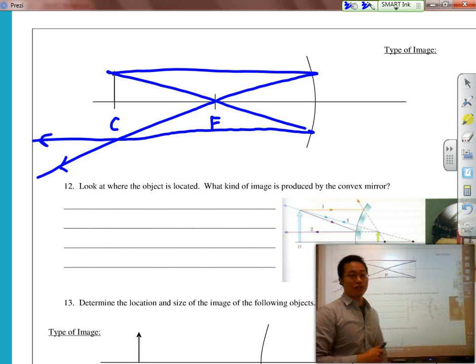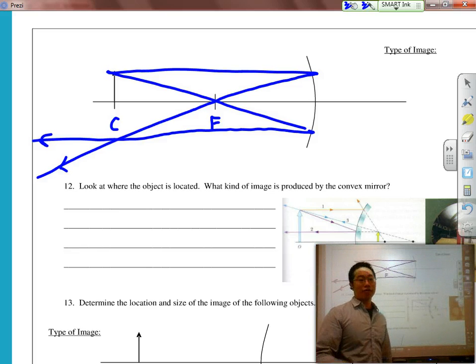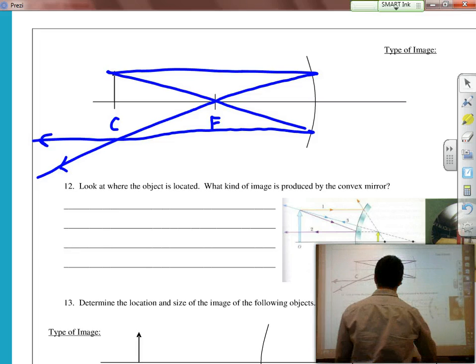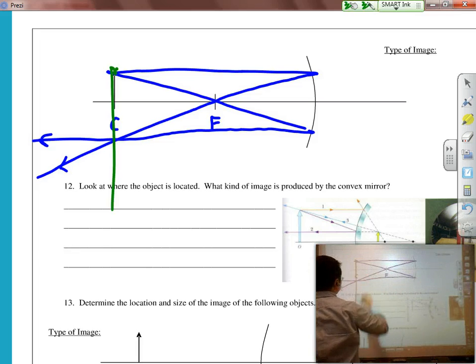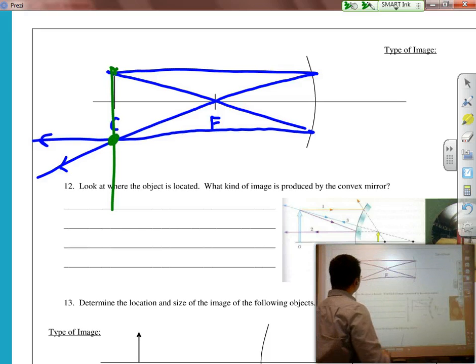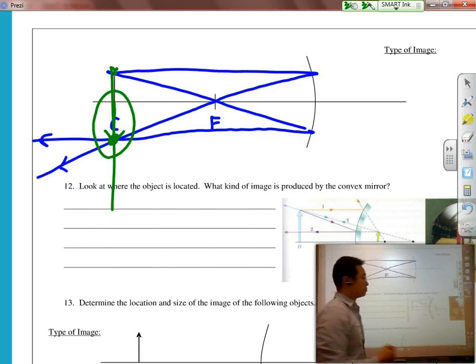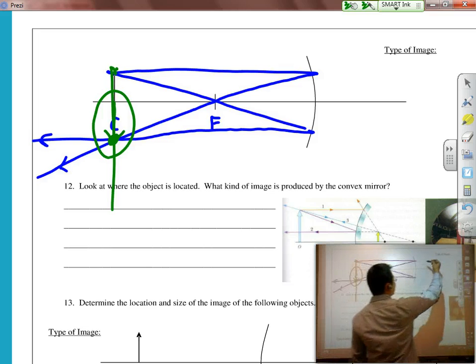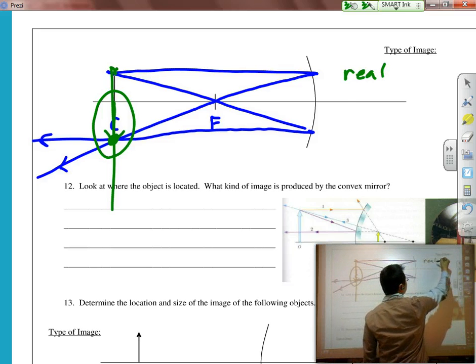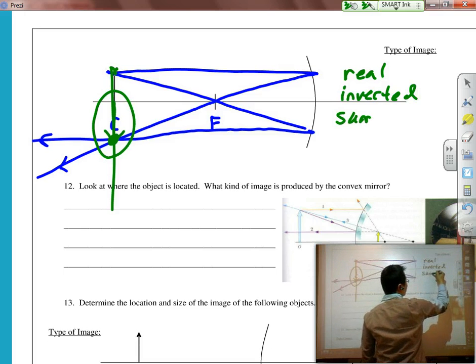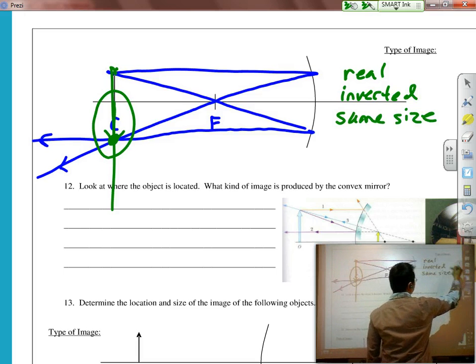Not the best line, I apologize, but close enough. My third line will be a check, either through C or straight through the center of the lens. Either way, I'll just say through C itself. And over here, I actually get my image. And notice that the image is exactly underneath. And because it's exactly underneath, it's real, it's inverted, and it's the same size.